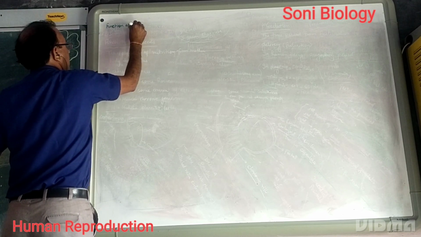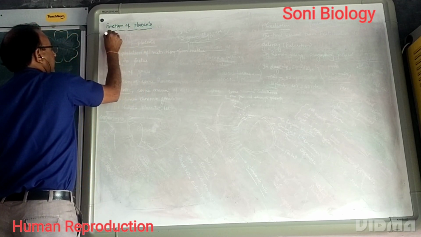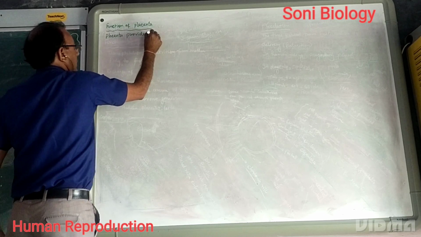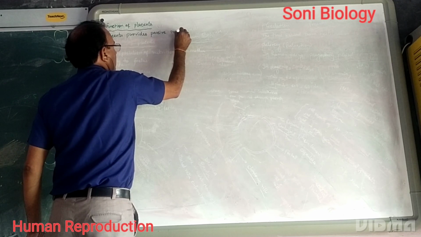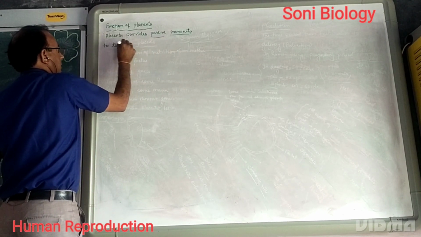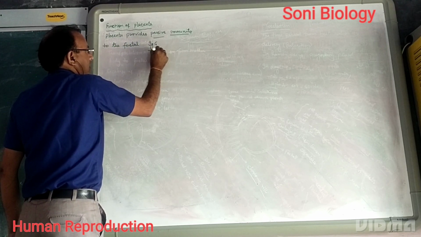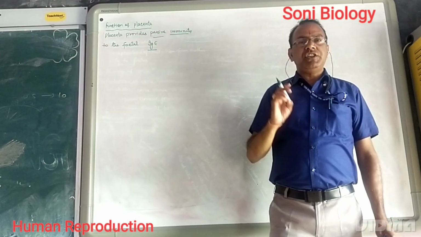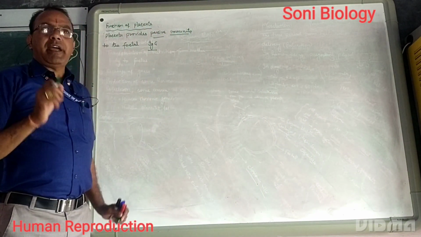Function of placenta: the placenta provides passive immunity to the fetus, and that passive immunity is IgG, immunoglobulin G. There are 5 types of immunoglobulins: IgA, IgD, IgE, IgG and IgM.